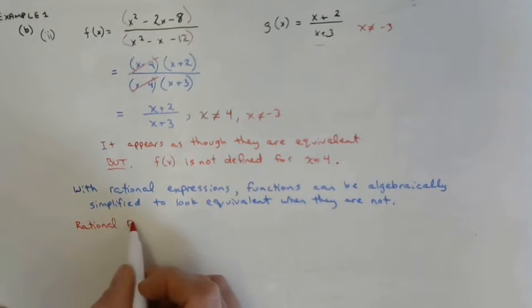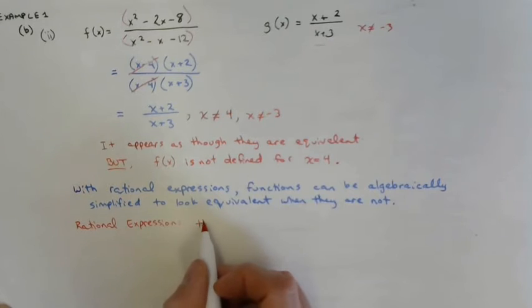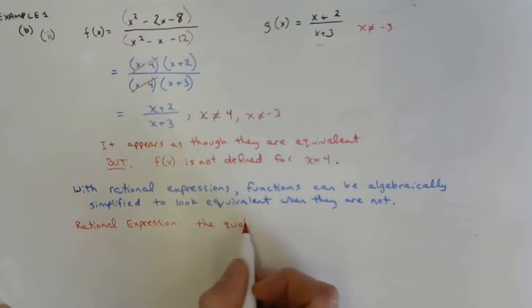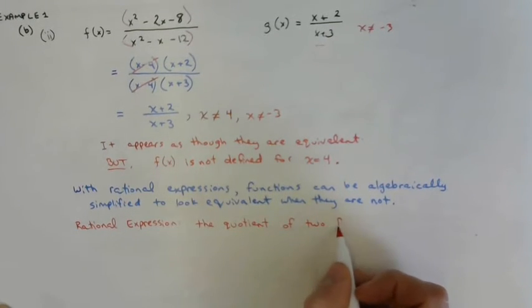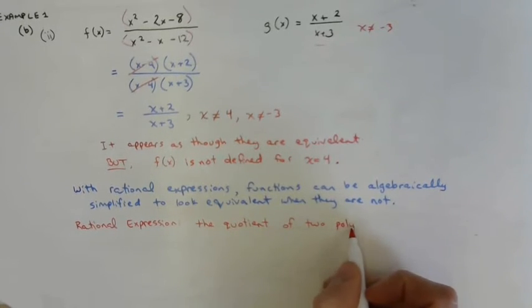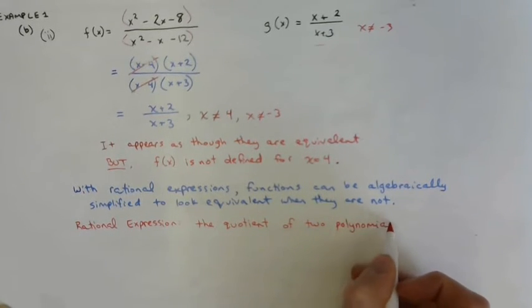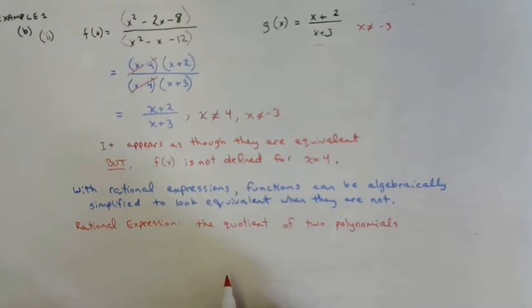Rational expression. This is the quotient, I'll explain it in a second, but the quotient of two functions or polynomials, the quotient of two polynomials. Okay, quotient means it's kind of like a fraction. It's anytime you have something over something else or something divided by something else.